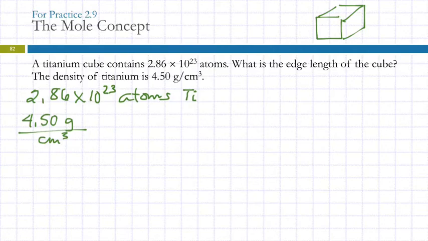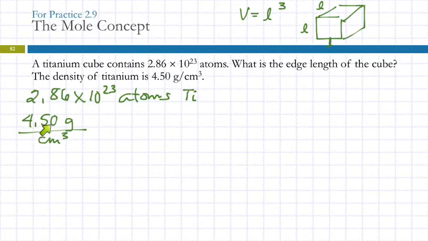Yeah, a cube is going to have all the same sides. I mean, the sides are going to be all the same length, right? And so the volume is going to be the length of the side cubed. Length times width times height, and they're all the same, so call them L. So there's a relationship between the volume of this cube and the length of the side.